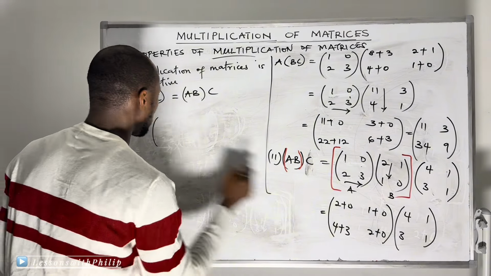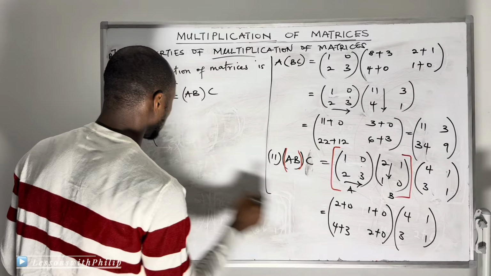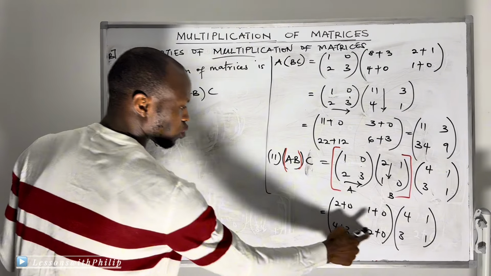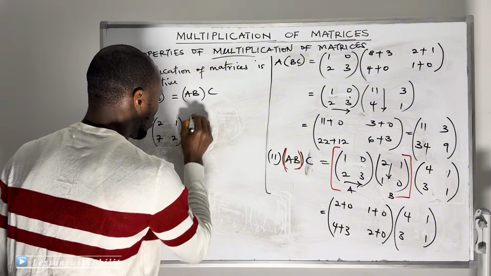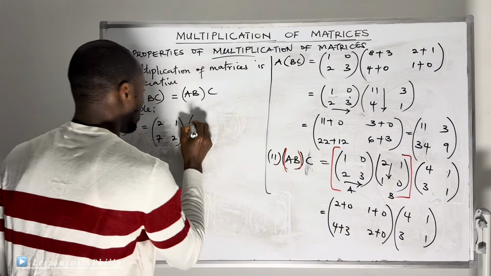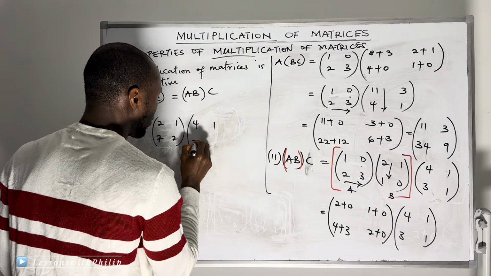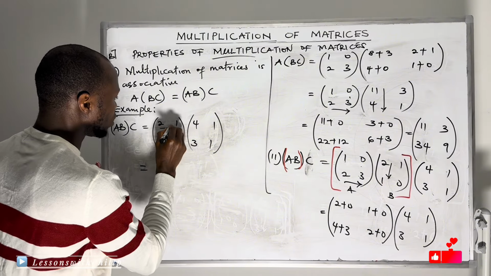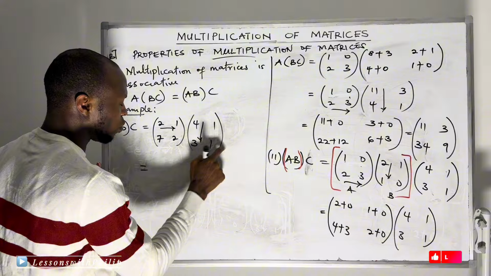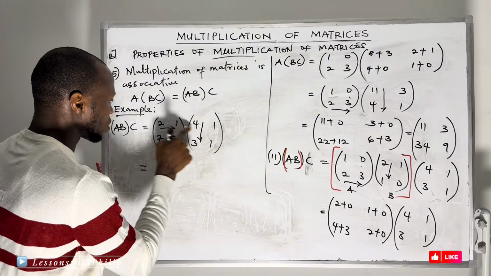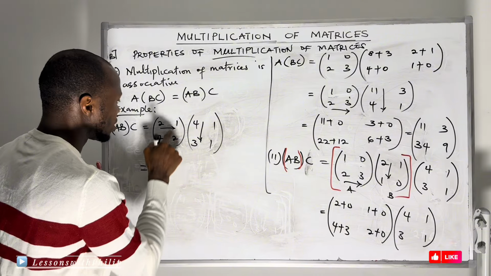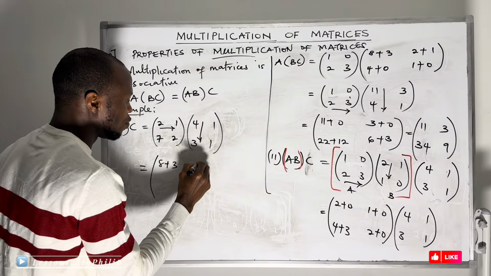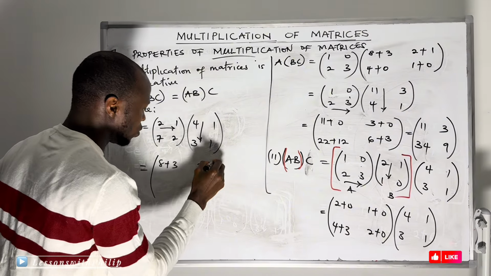That will be 2 plus 0 will be 2, 4 plus 3 will be 7, 1 plus 0 will be 1, right? 2 plus 0 will be 2, multiplied by matrix C, which is 4 1 3 1. If I do this multiplication, don't forget, the row will multiply each of the column in the second matrix. That will be 2 times 4, that will be 8. 1 times 3, that is plus 3. 2 times 1 will be 2, plus 1 times 1 is 1.